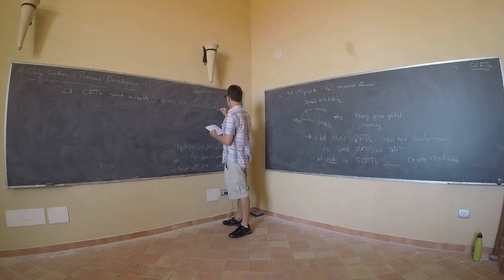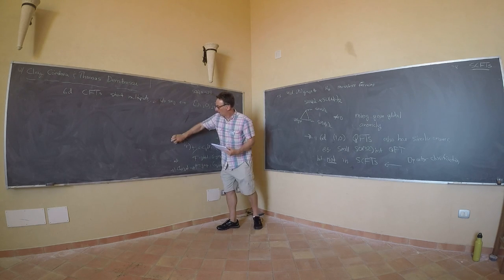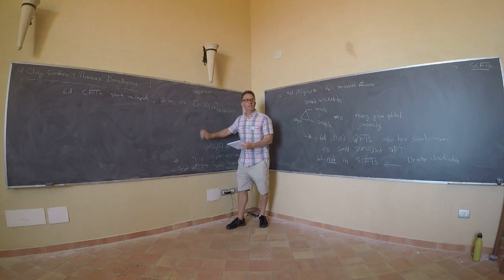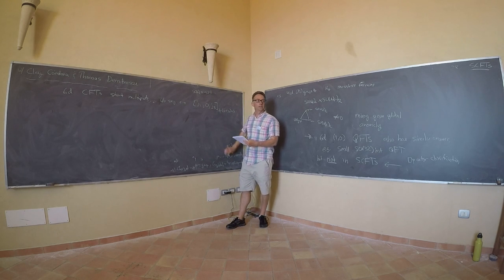If we look at operators whose spins are like this and whose dimensions are a half J1 plus J3 plus 3, these turn out to be all allowed short representations, unitary short representations of the conformal group.